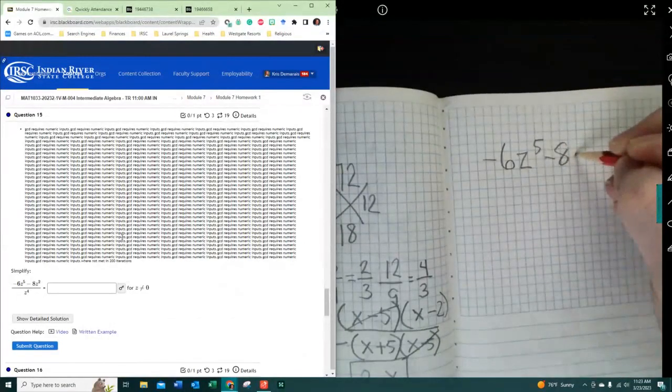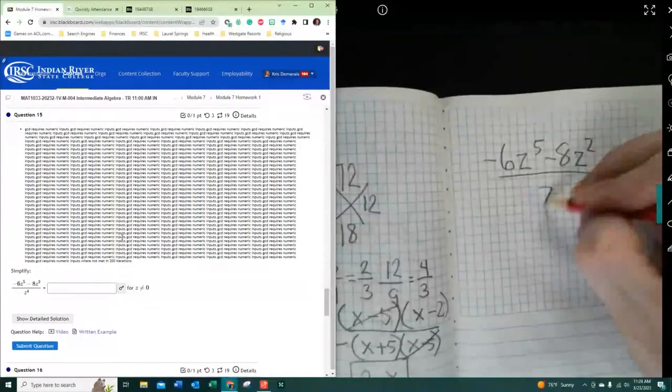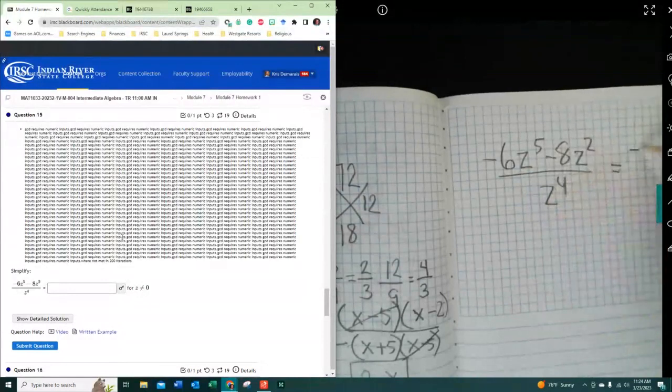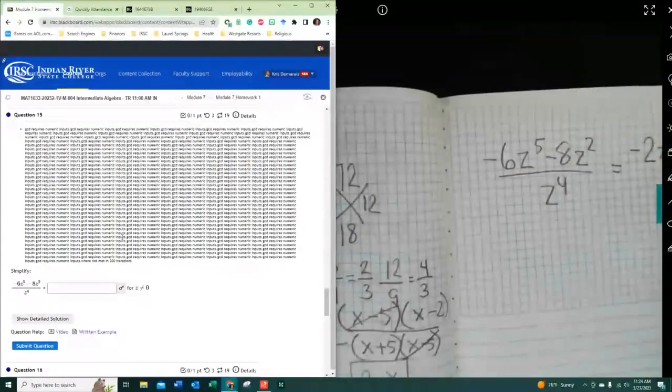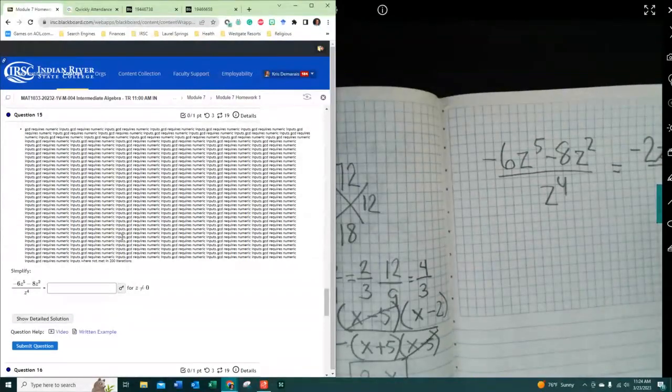Watch, I could go ahead and do it this way, and I'm going to be interested in seeing how the answer is displayed. I can pull out a -2z to the second from both of those and turn that into 3z to the third positive 4. And then I can go ahead and do z to the fourth. And then these z's will cancel out two of these z's, leaving me with z to the second. So now my answer depends on how they want it.